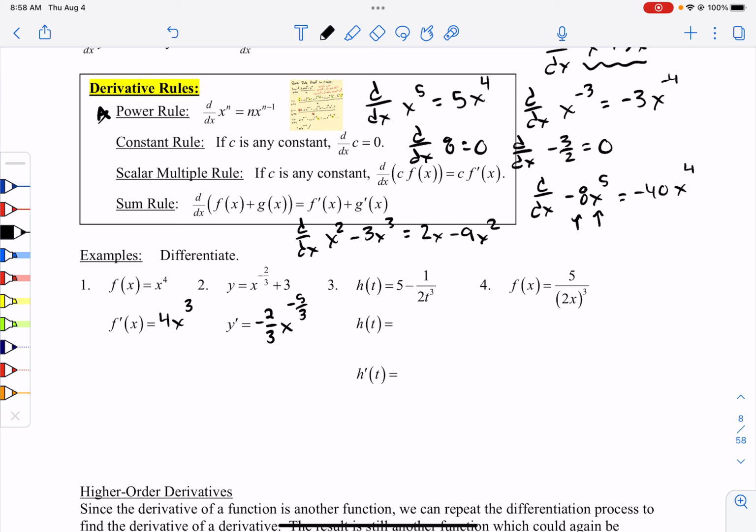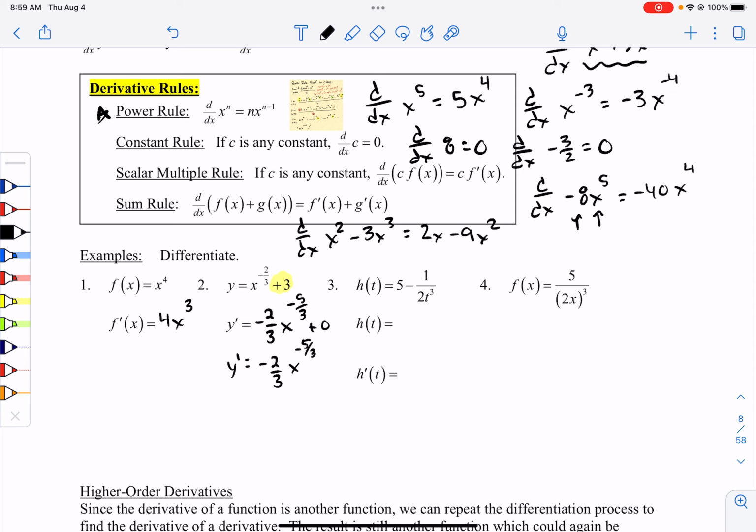Now that plus 3, don't forget about this plus 3. When I take the derivative of a number 3, I get 0. So plus 0, but of course we don't have to write that. So we can just write negative 2/3 x to the negative 5/3. It's ugly, but it's really fast.